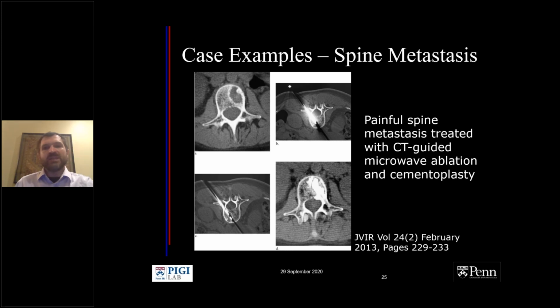And the reason why is because while the marrow is not really innervated per se, it's that lining, that periosteum that lines the bone and coats it, that is exquisitely sensitive. And so as the tumor grows out of the marrow and into that periosteum, it causes a tremendous amount of pain to the patient.